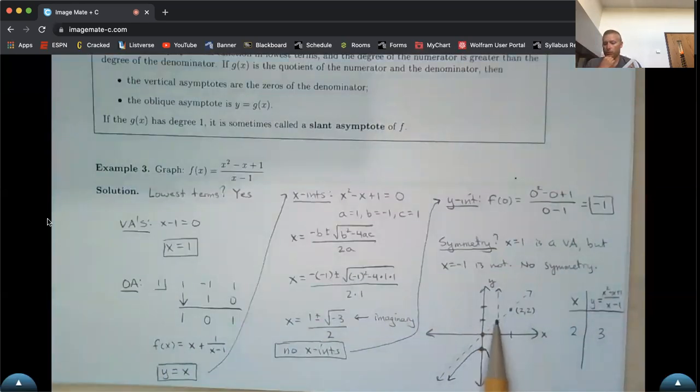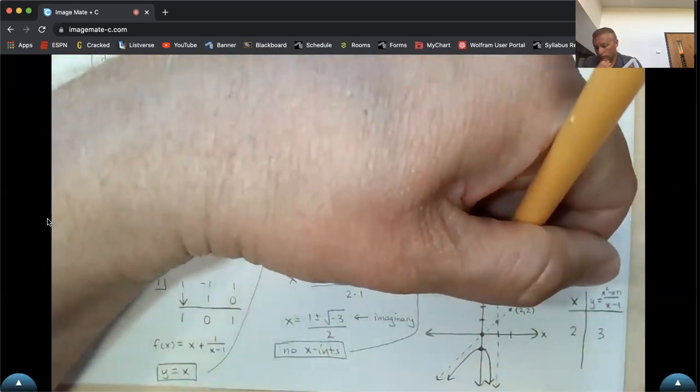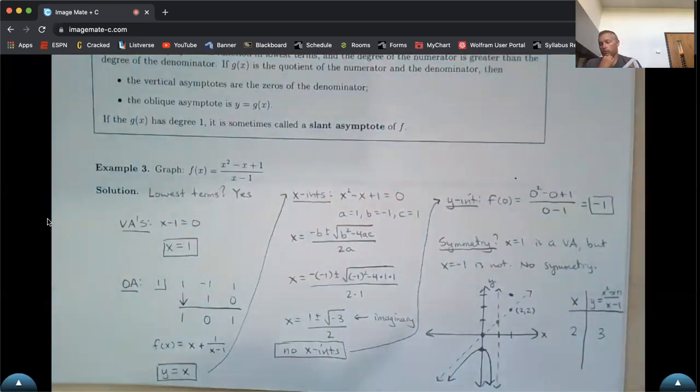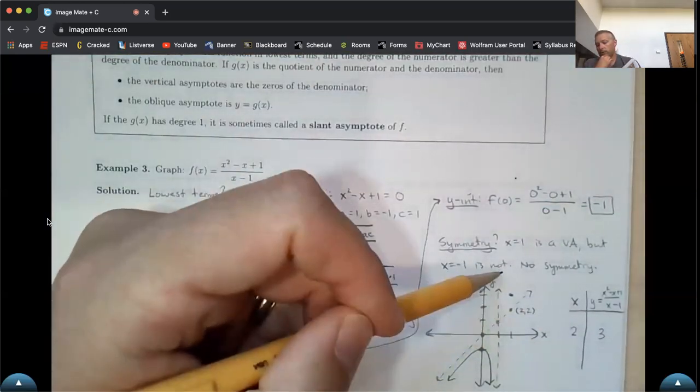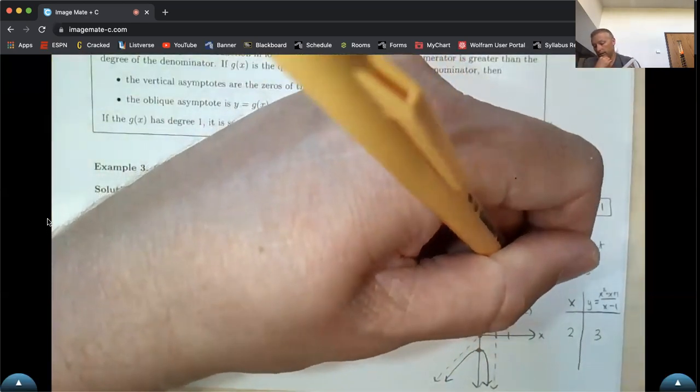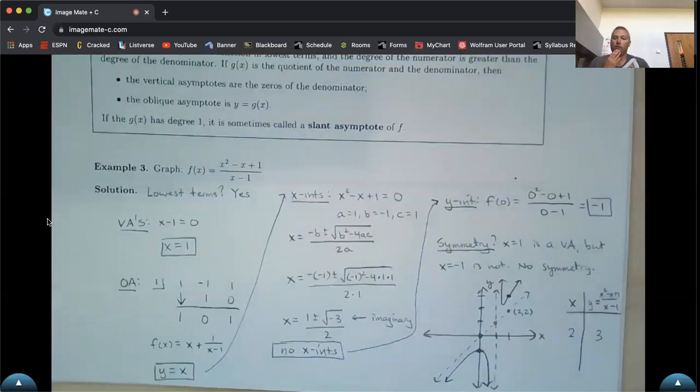If we're at 2, 3, then our graph must be above the oblique asymptote. So we're to the right of the vertical asymptote and above the oblique asymptote, meaning we look something like this. And now we have our graph of x squared minus x plus 1 over x minus 1.